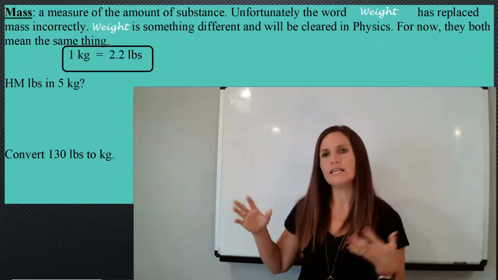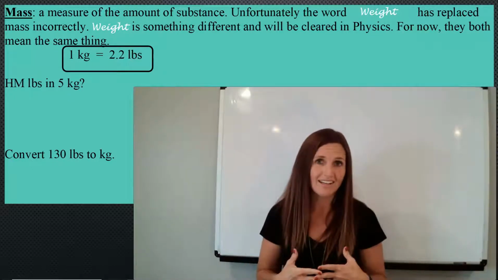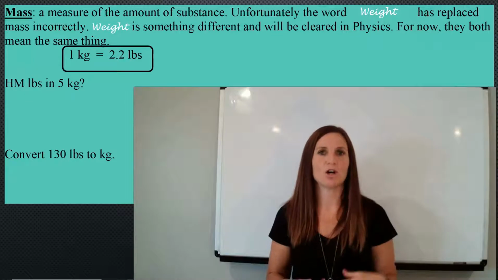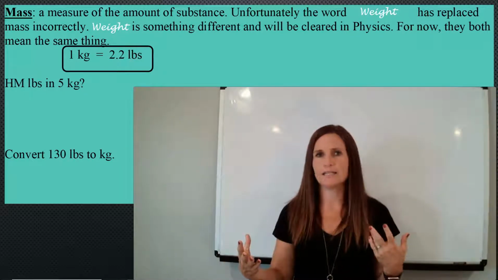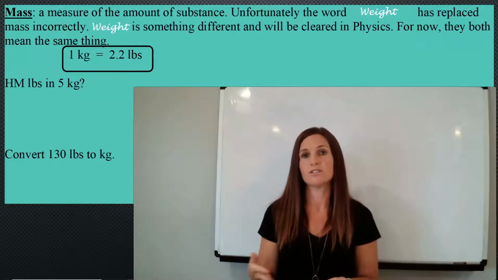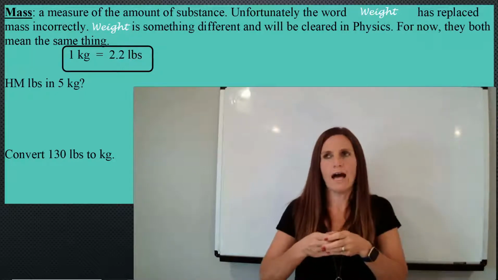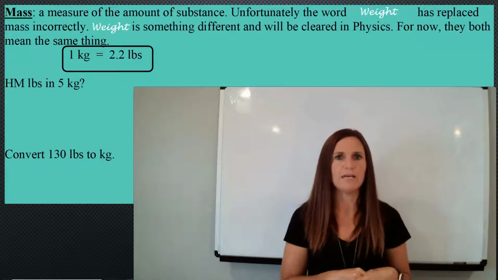Now, unfortunately, in the secular community, the non-science community, we have replaced the term mass with weight. And that's not a standard conversion in physics or chemistry and physical science. For the purposes of our class, what you think of as being something's weight will suffice as being its mass.